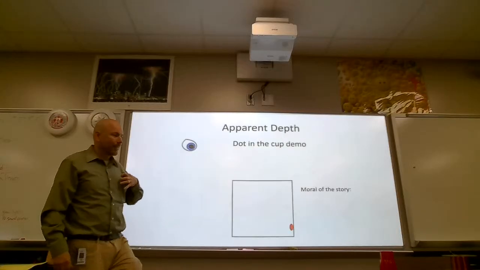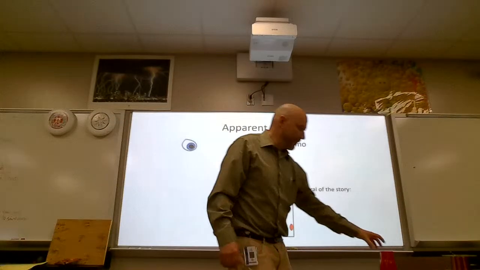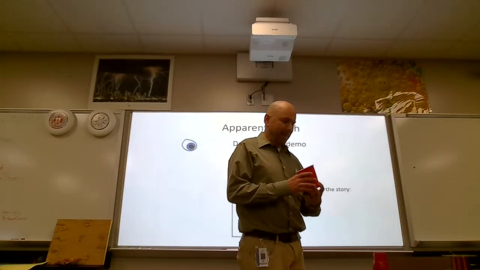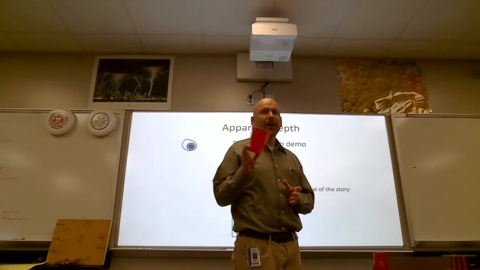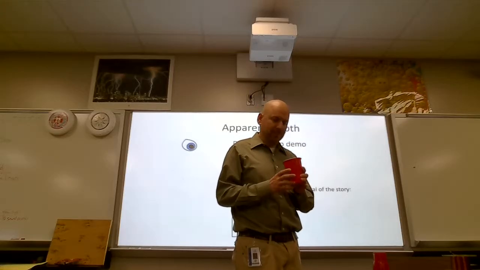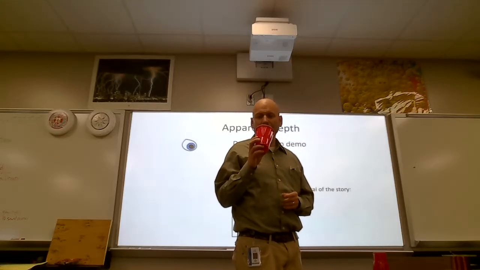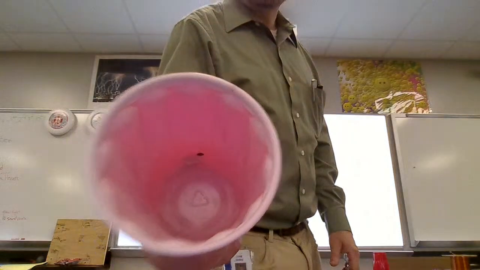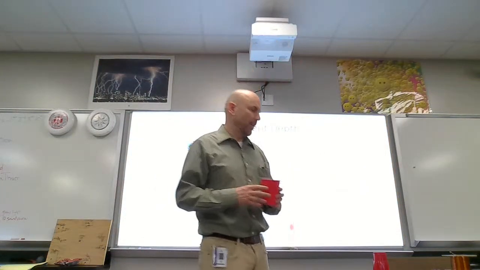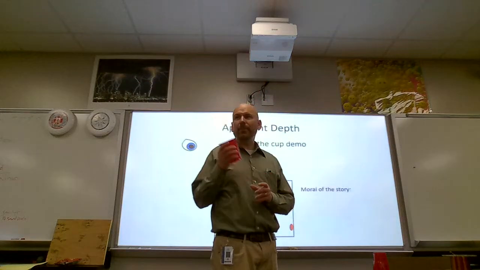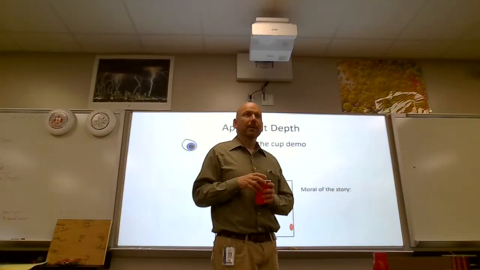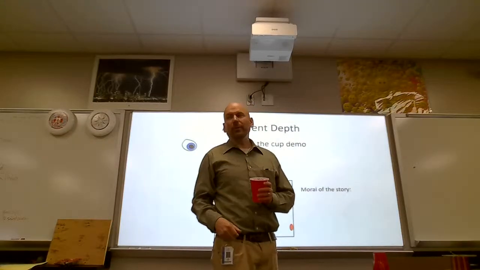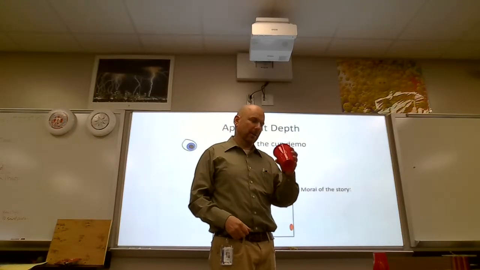All right, so I just gave you a cup. You're going to buddy up with somebody. Hold on before you start picking people. There's a dot in each of these cups. One person is going to fill their cup up with water from the sink. Make sure you don't turn it on full blast, it'll knock your cup out of your hand.